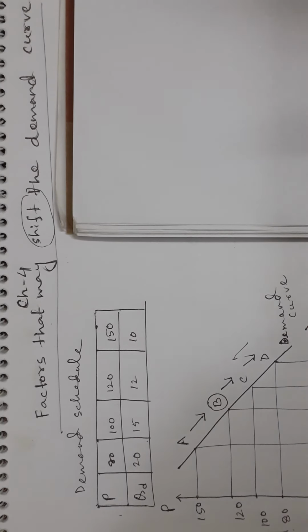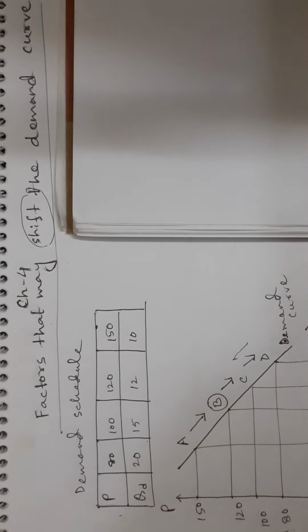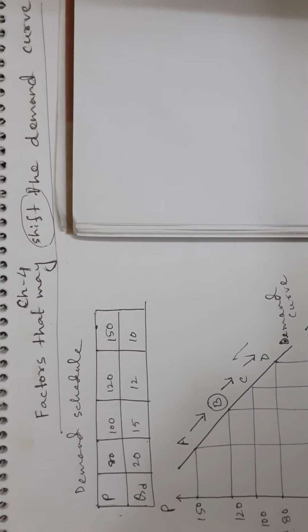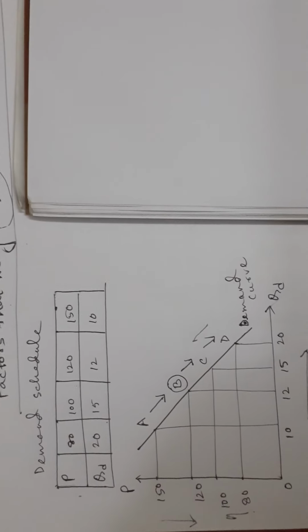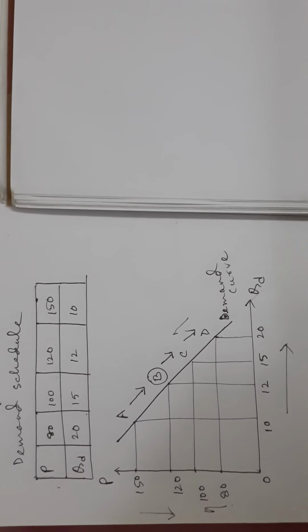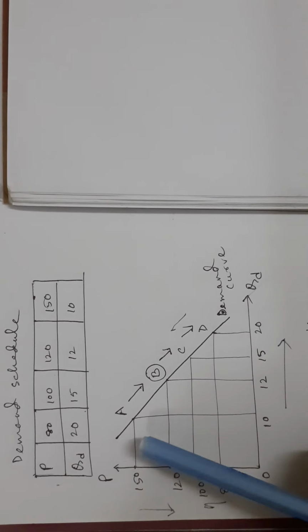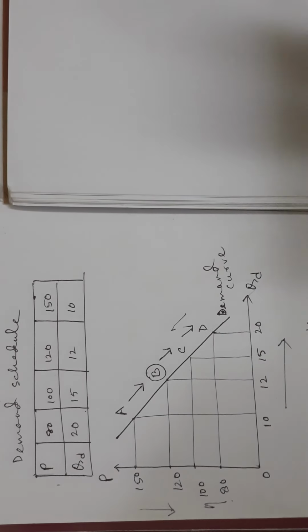I'm sure that you already know what a demand curve is and how it looks, since you have studied this before. So you see, this is a demand curve. How is a demand curve constructed? Actually, a demand curve is drawn taking values from the real world, from our surroundings.